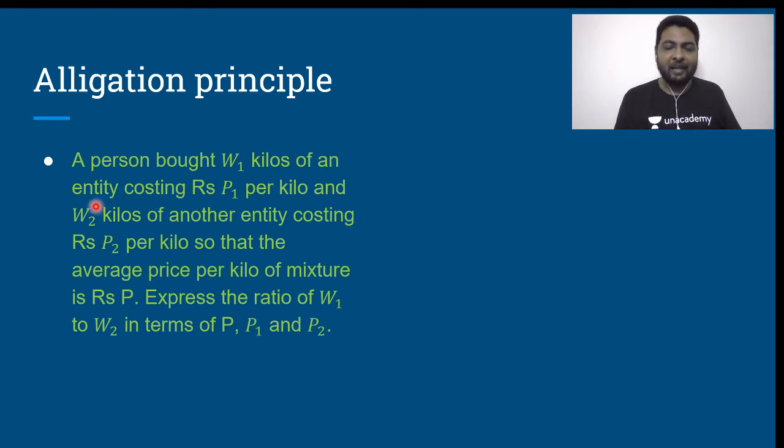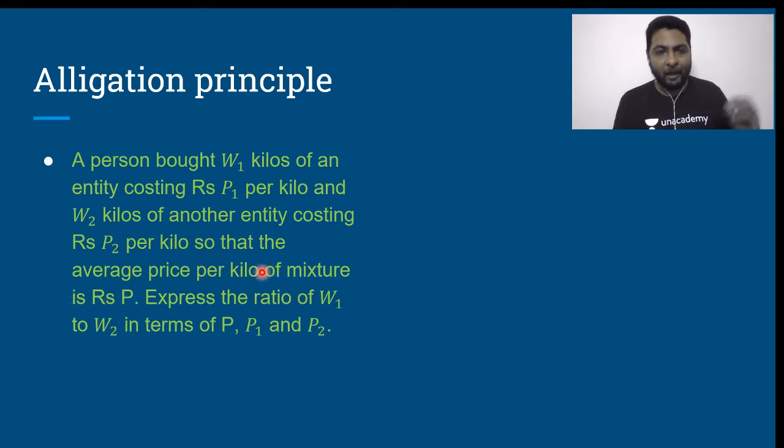Instead of stating that 4 kilos of apples at 15 rupees per kilo, he says P1 rupees per kilo. Instead of stating 6 kilos of oranges, he has stated W2 kilos of an entity. Instead of stating that 20 rupees per kilo, he has stated P2 rupees per kilo. Instead of calculating the average price, he says that the average price is rupees P.